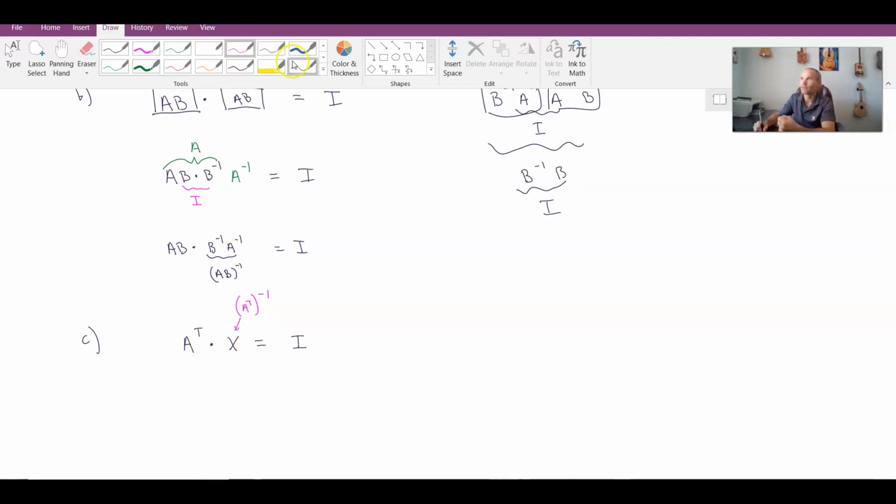Well, let me make this argument. Let's suppose that it were true that the inverse of A transpose was the inverse of A transposed. Okay, now notice these are different. This one is saying that X is the inverse of this matrix right here. Here I'm just saying, okay, what if I took A transpose and multiplied it by the inverse of A transposed?